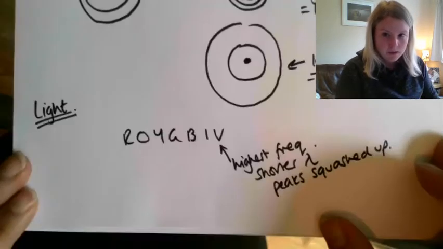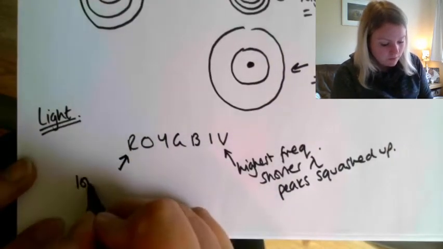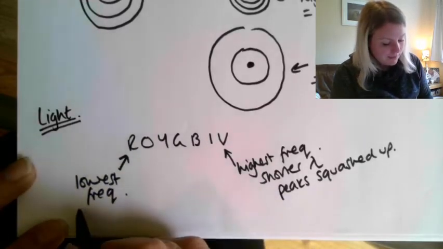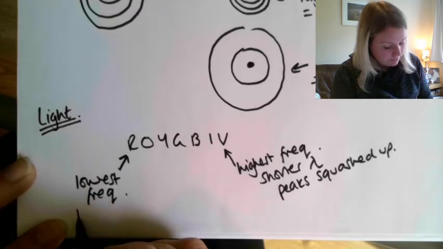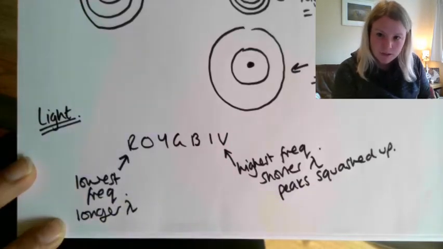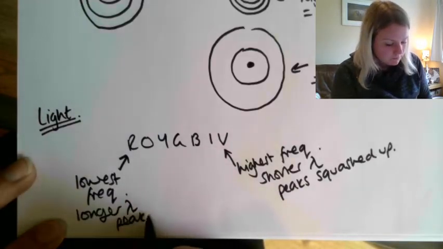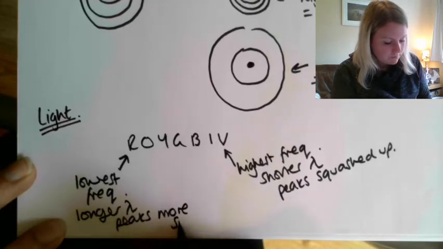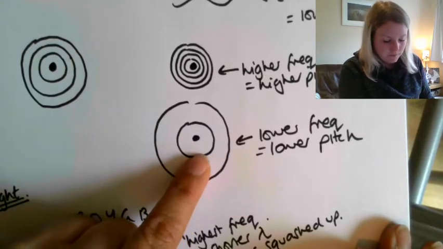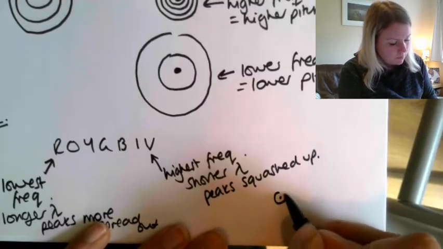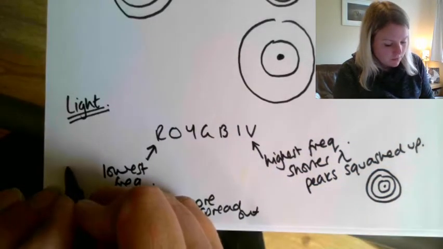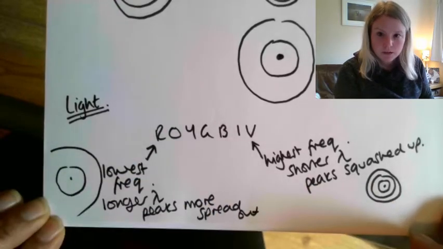With red, it's the lowest frequency, so it has a longer wavelength, and its peaks are more spread out. So it correlates to this one. Maybe draw those in there. So this one would look all squashed up, and this one is going to look all spread out.